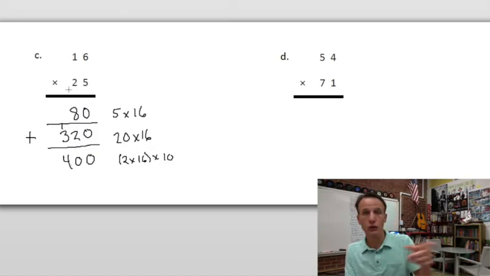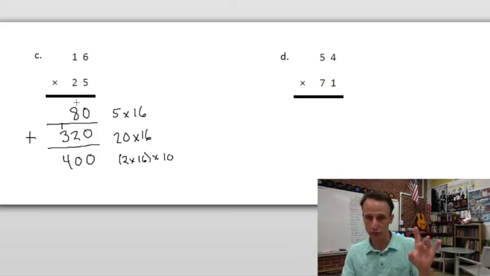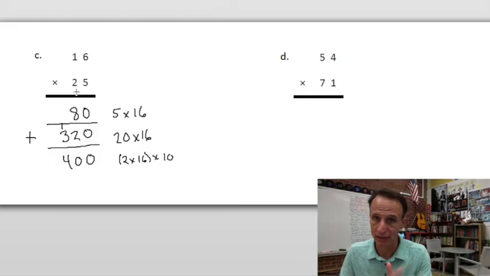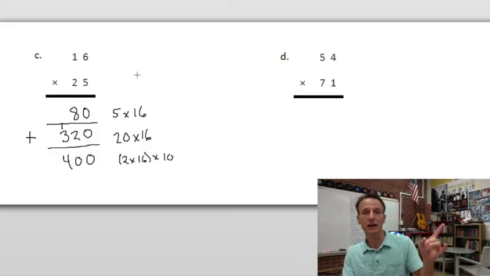And a little side note, you could have done this whole thing quite easily in your head by relating it to money. Now, if what I'm about to say doesn't make sense, just forget about it. But if it does, use it. Multiplying by 25s is pretty simple when you think of money, because there's 4 quarters in a dollar, right? 25 cents is a quarter. So 16 is 4 sets of 4.